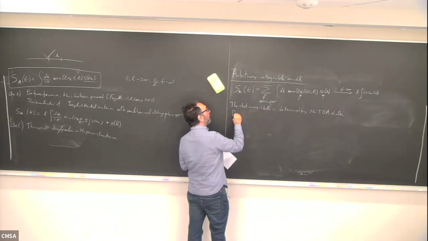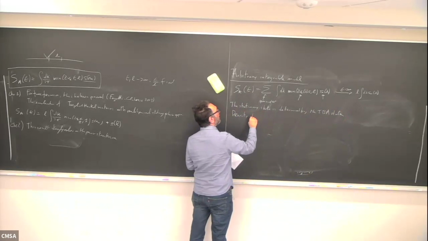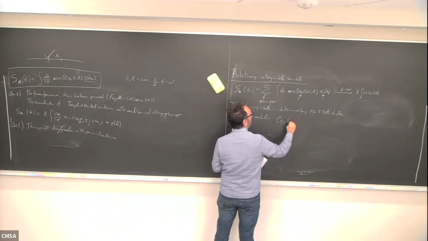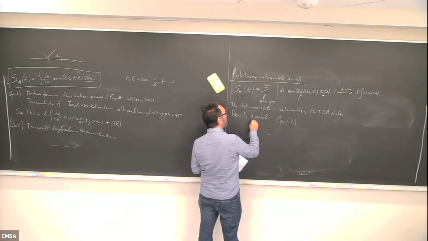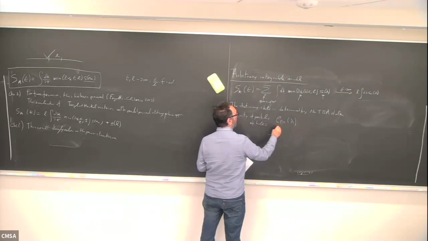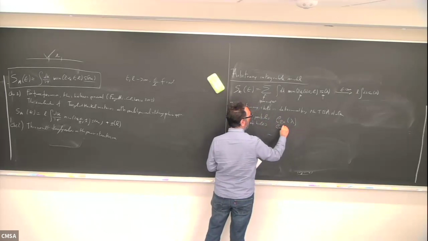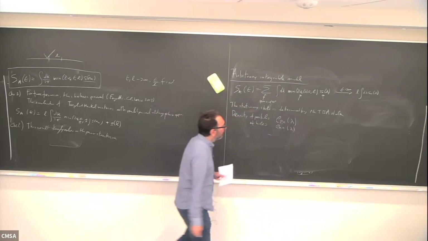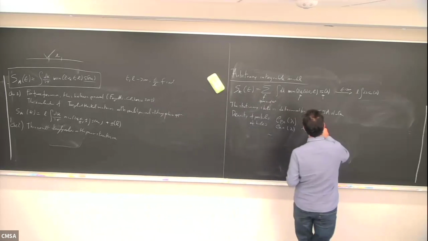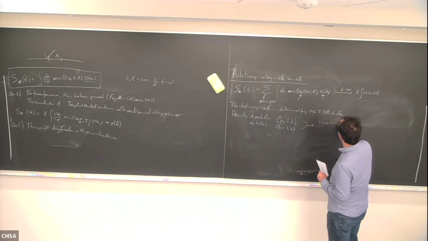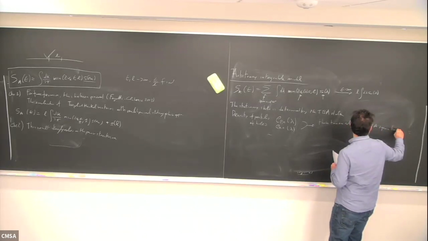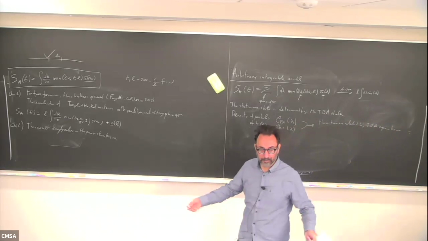Which are the density of particles, which was explicitly mentioned already by Herbert, which I will denote as ρ particle of λ, and the density of holes, which I will denote as ρ hole of λ. These two are related by the TBA equation, which means the thermodynamic limit of the Bethe equation in a finite system.